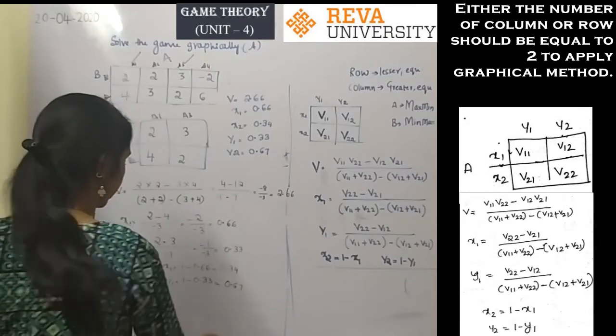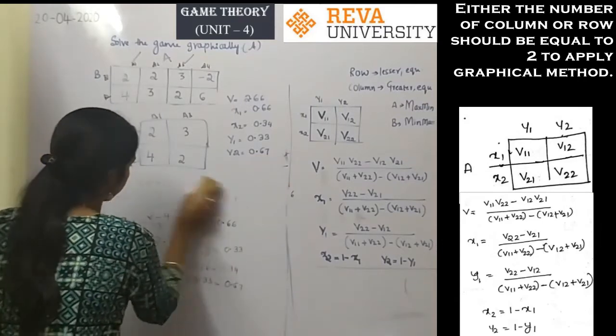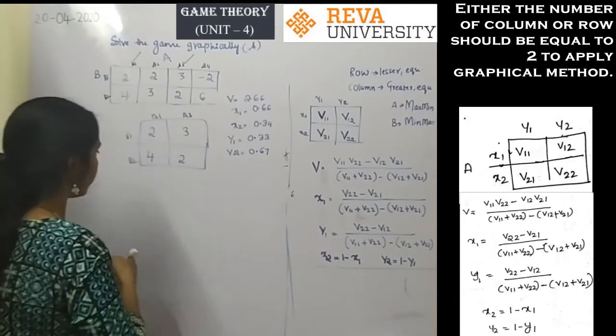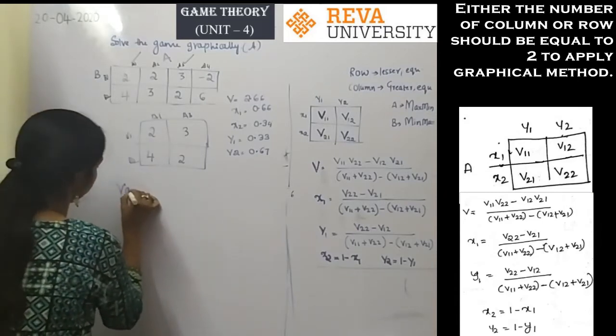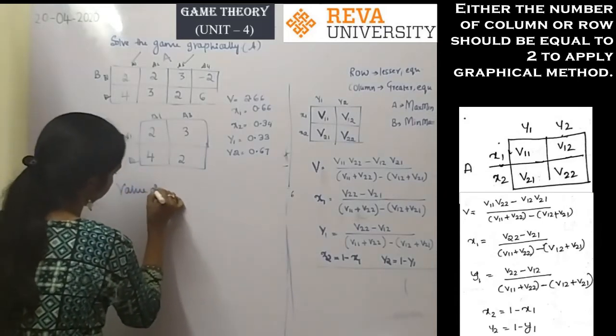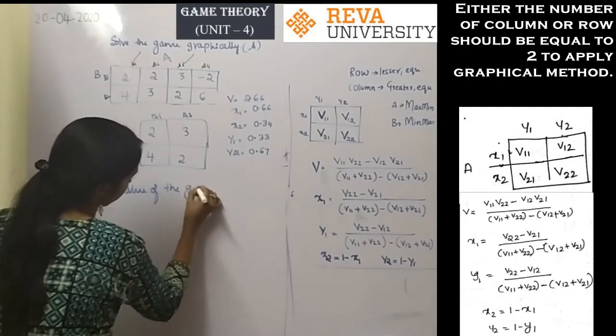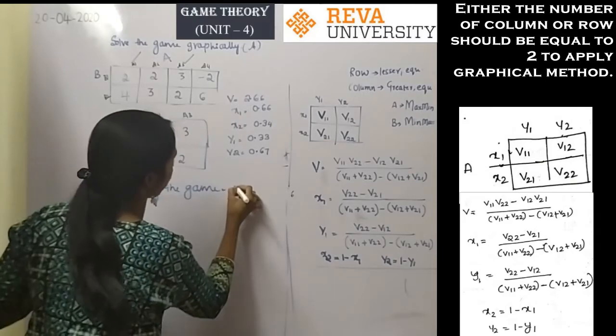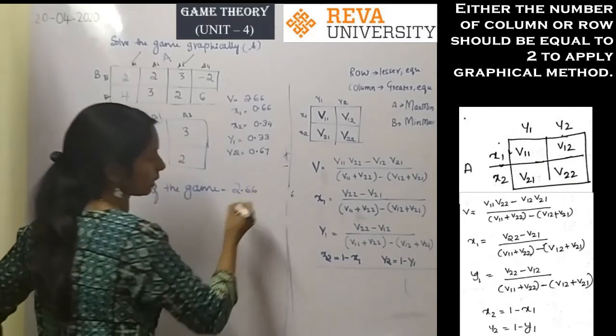Now you just write down the optimal strategies. So the optimal strategies are: first, the value of the game is equal to V. So V is equal to 2.66.